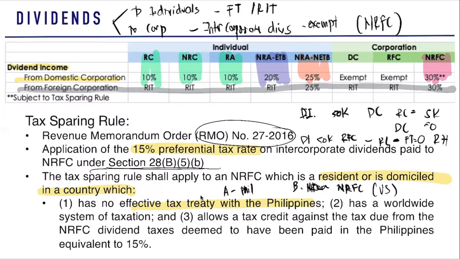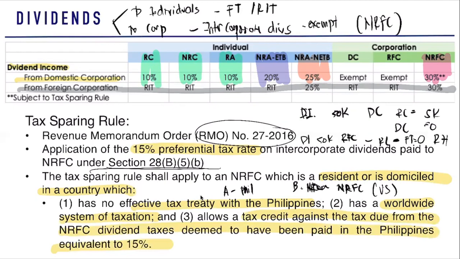Kasi kailangan walang effective tax treaty. Another problem, if ever that US or non-resident foreign corporation should adopt a worldwide system of taxation. And lastly, it allows tax credit from your dividend which have been paid to the Philippines.